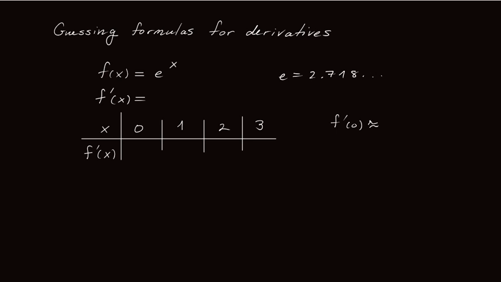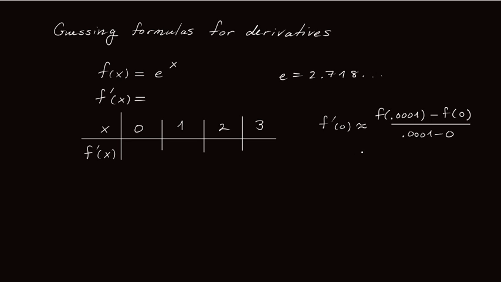So I'm going to look at f of 0.0001 minus f of 0. Now this is a small interval, right? The difference between 0 and 0.0001 is really small, and that'll give me an estimate of this derivative.